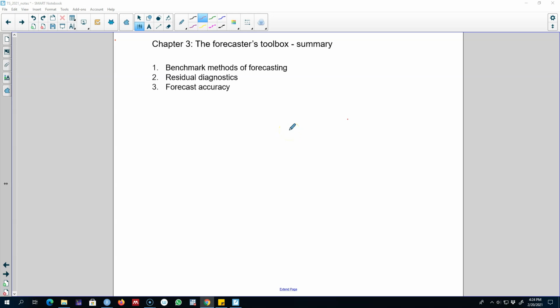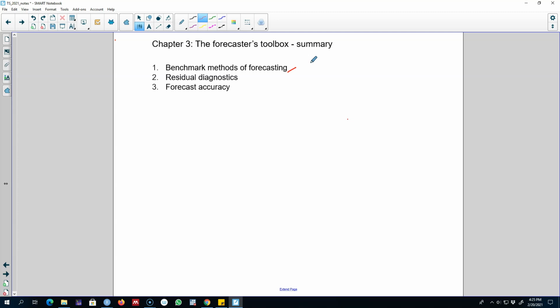The first thing we did was we talked about 4 methods of forecasting. We can either forecast based on the average method, naive method, seasonal naive method, or the drift method. In the average forecasting method, we believe that we can forecast based on whatever was the average in our historical data. In the naive method, we believe that our last observed value contains all the information that we need to forecast any future value.